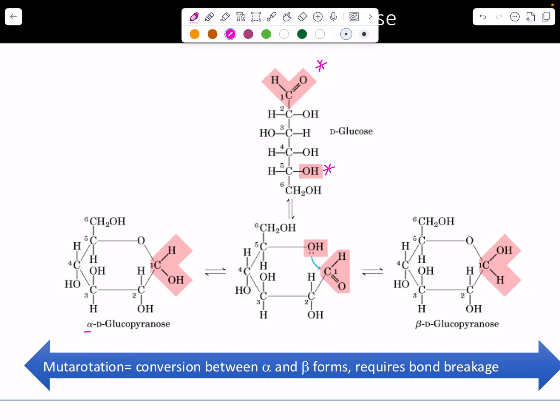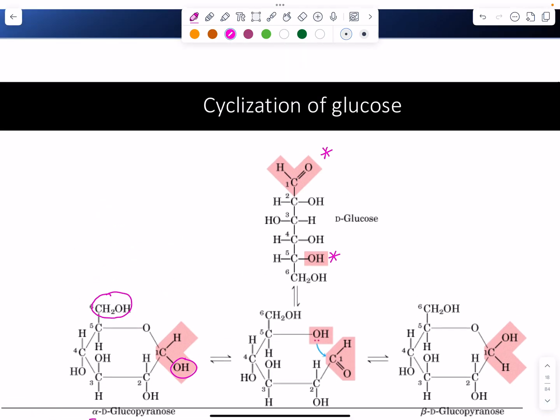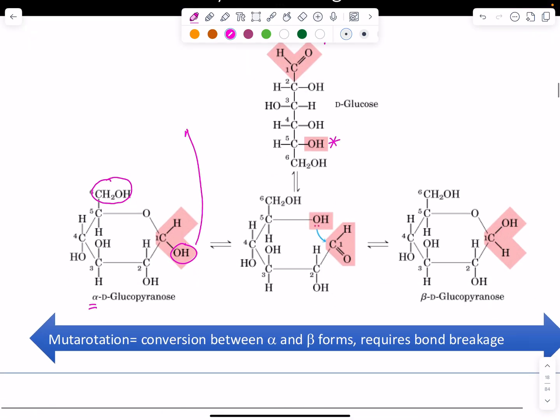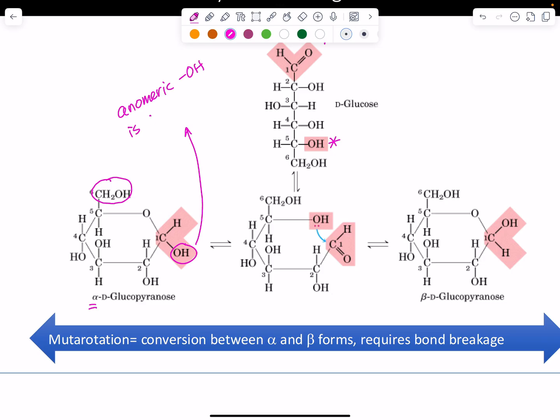So our alpha anomer has the hydroxyl group trans, which means on the opposite side of the ring, to the CH2OH group. Okay, so the anomeric hydroxyl is trans, opposite side of the ring to the C6.